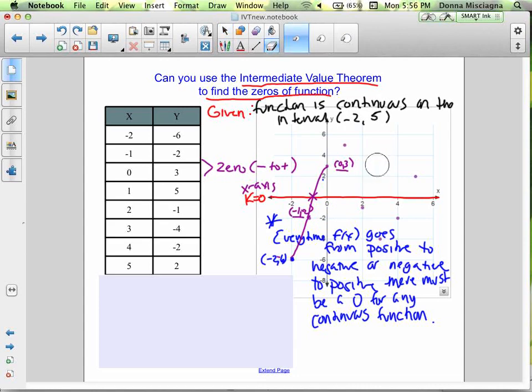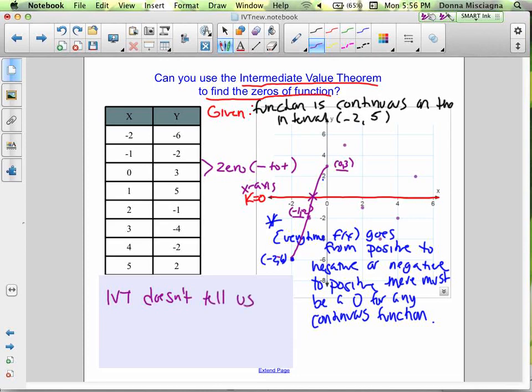So intermediate value theorem won't tell us where the x-intercepts are. It'll just tell us that there are x-intercepts. So IVT doesn't tell us, and this would be good to put in your notes, hint, hint, hint, doesn't tell us where zeros are located.